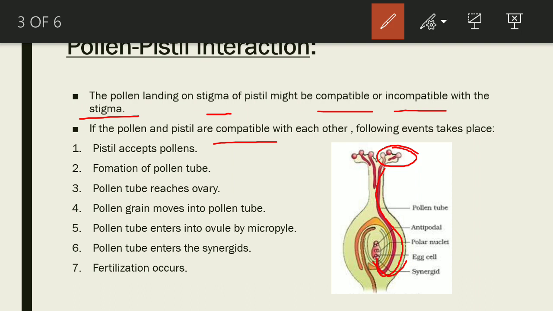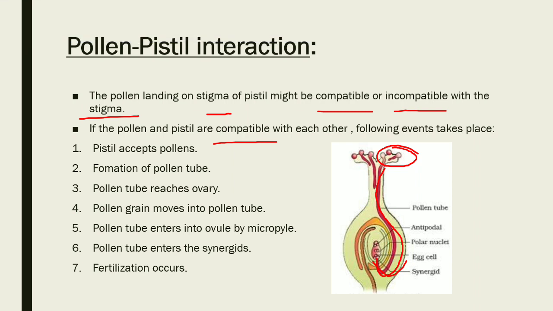When the pollen grains move into the pollen tube, this pollen tube enters into the ovule by micropyle and then enters in the synergid cells. After this, the pollen tube enters the egg cell and then fertilization takes place.